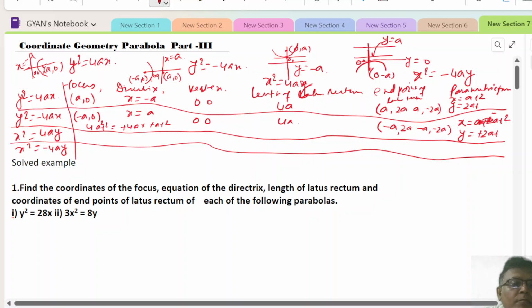Here the focus will be (0, a). Here directrix y = -a, vertex remains (0, 0).